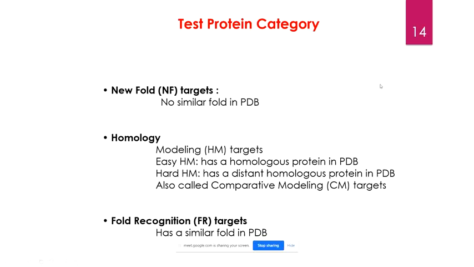On the other hand, you might have a protein which has a homologous protein whose structure is solved in the PDB database. For example, suppose I say please draw the picture of a particular man. Suppose a police officer goes and asks, have you seen that particular criminal running away?